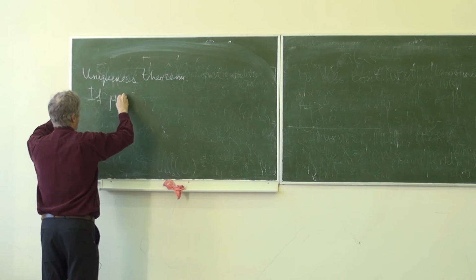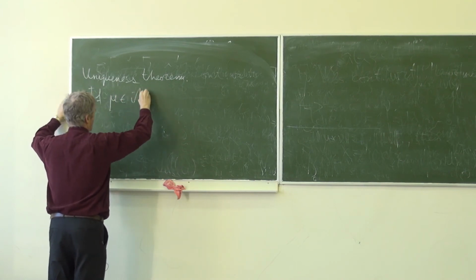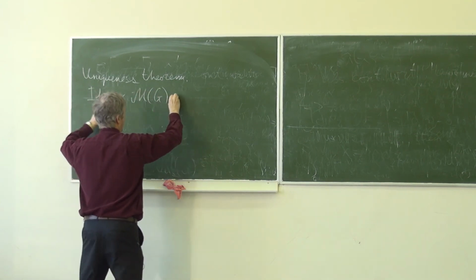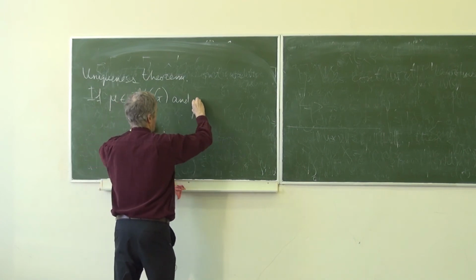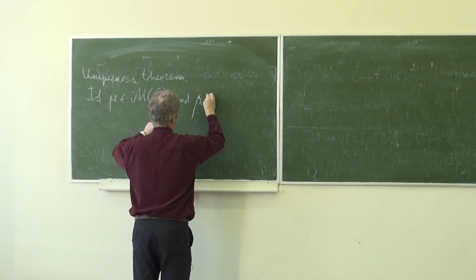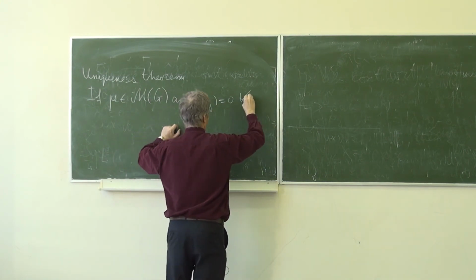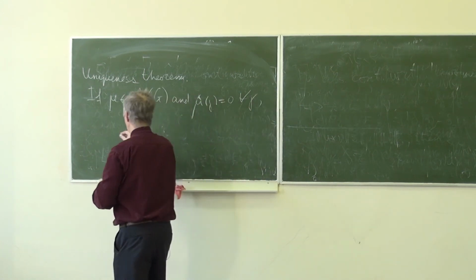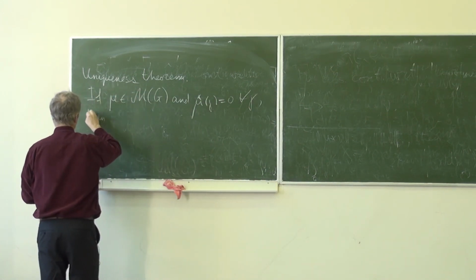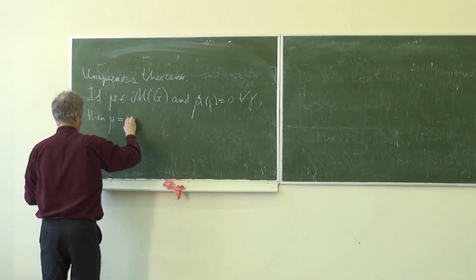If mu is a measure on G and mu hat of gamma is equal to 0 for all characters gamma, then mu is equal to 0.